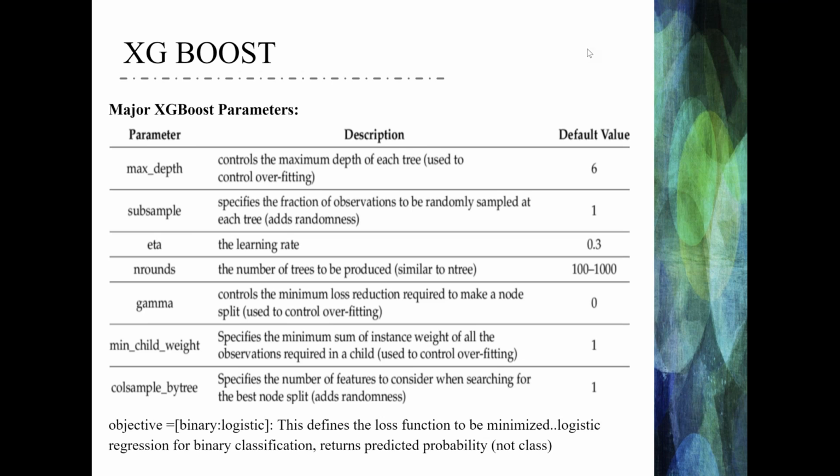XGBoost has a tree pruning feature. It splits the data up to the maximum depth, and pruning occurs in a backward process. One of the major advantages of XGBoost is that it is designed to handle missing values in the dataset. It also has built-in cross-validation.